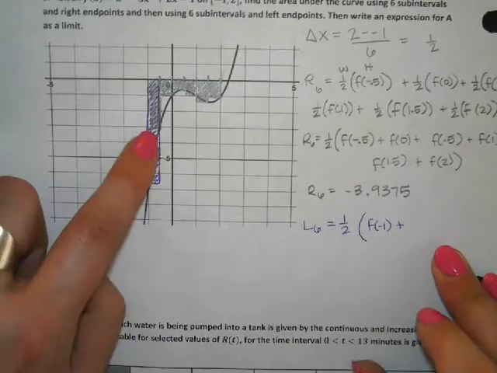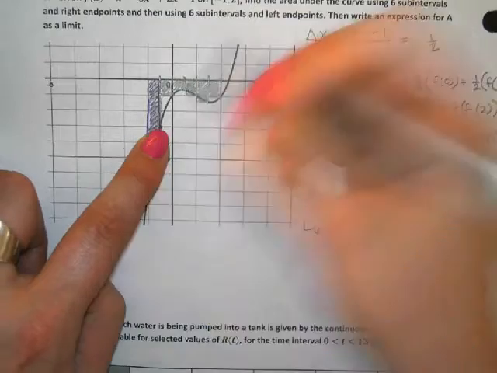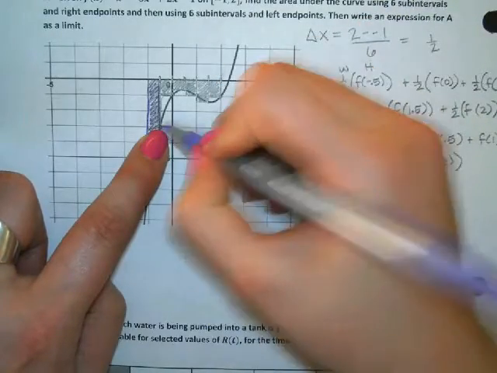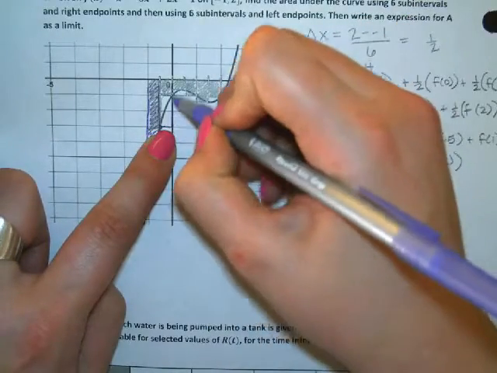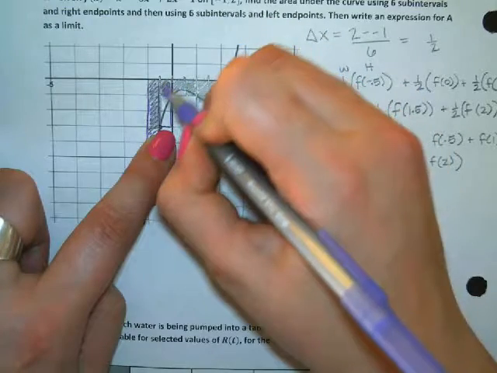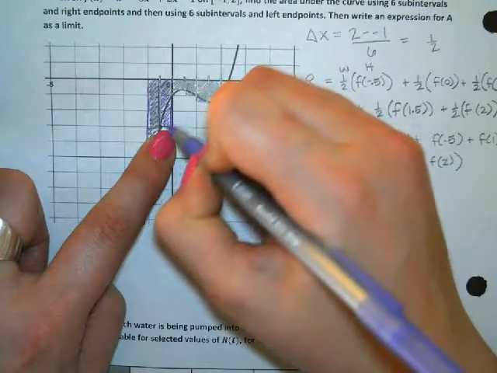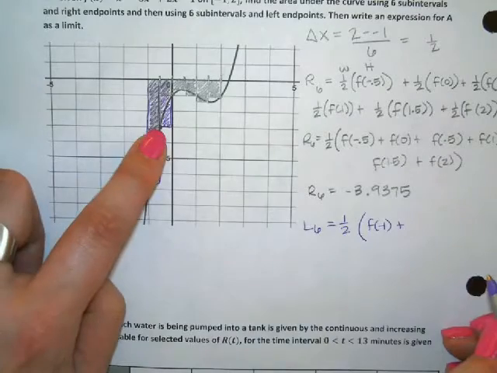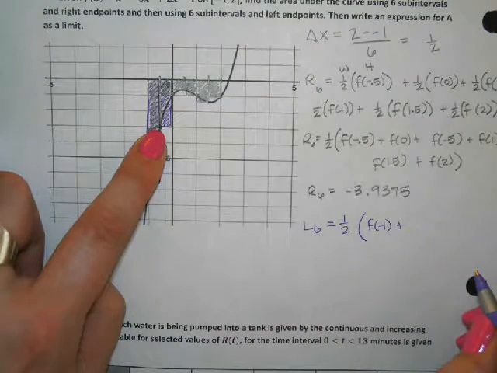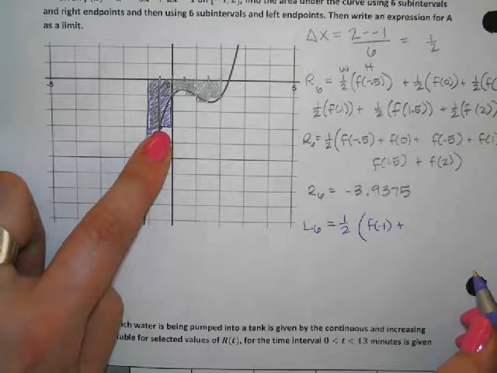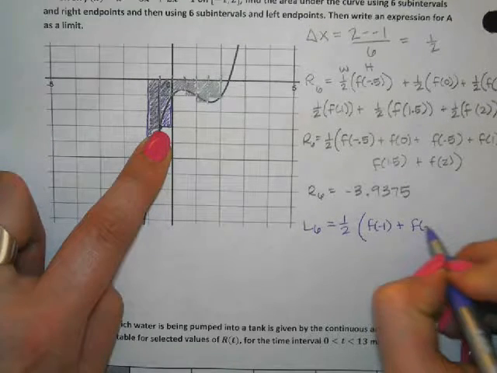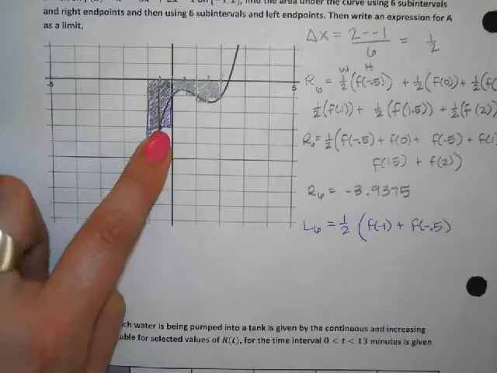Okay. For my next rectangle, do you see how the right endpoint of the first one just became my left endpoint of the second one? Mm-hmm. Ooh. Okay. So what are we plugging in to get the area of this rectangle? f of -0.5. Okay.